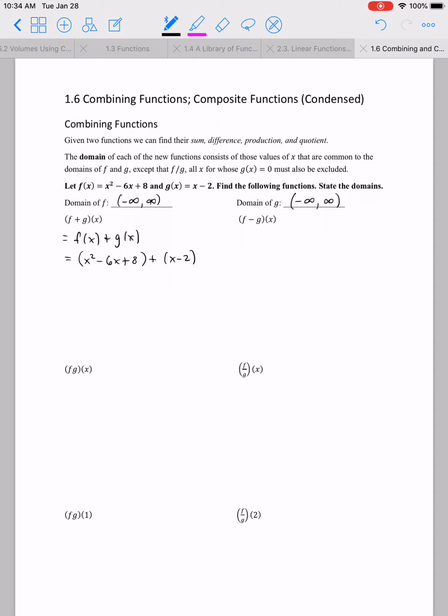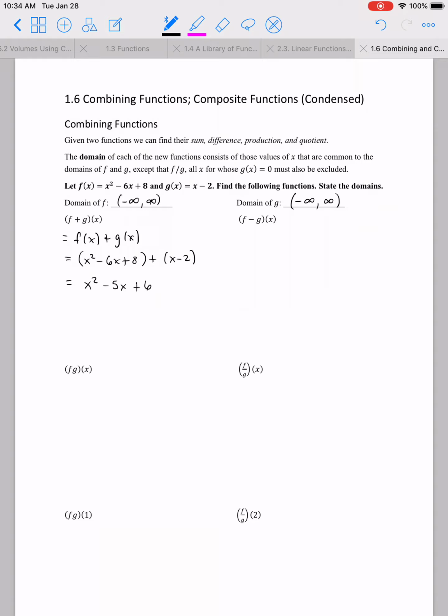At this point, you just start distributing and combining like terms. You have x squared, there's no other x squared term. You have a minus 6x and a plus x, so that's going to be a minus 5x. And then you have an 8 and a negative 2, which will just be a plus 6.